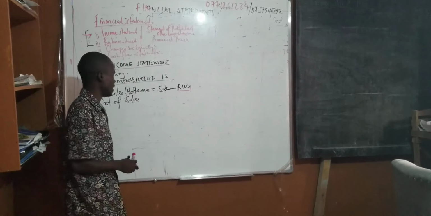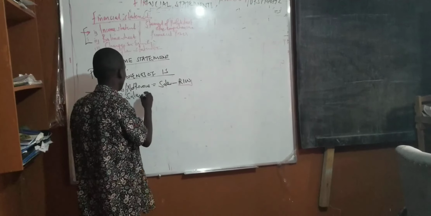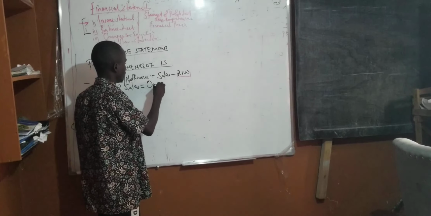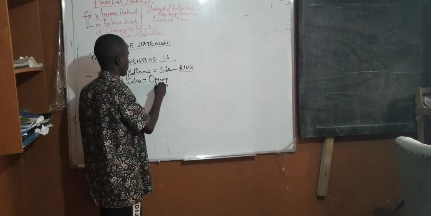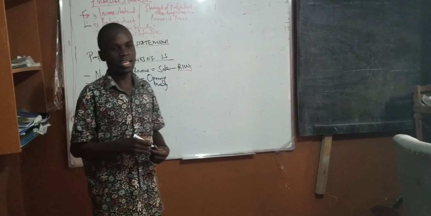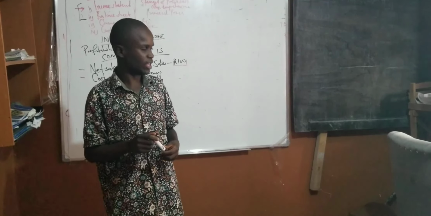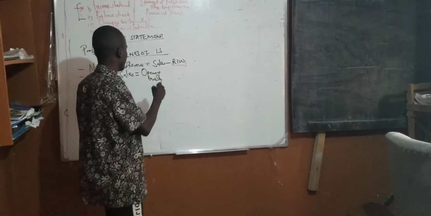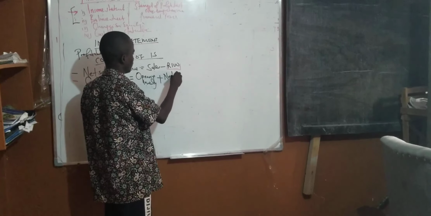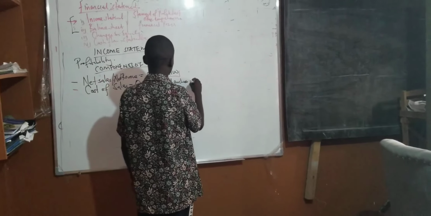And it is given by the formula, cost of sales equals opening inventory, stock. What is opening inventory? The amount of goods the business has at the beginning of a given financial year, plus net purchases, minus closing inventory.